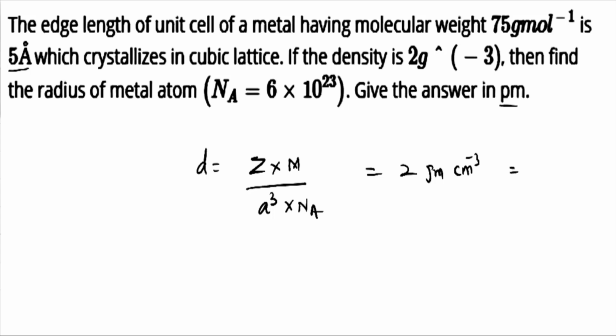And for the cubic lattice, Z is equal to 1, because we have 8 corners and at each corner we have one atom, and the contribution of each corner atom is 1 by 8. So Z is 1 and M is 75 gram per mole.